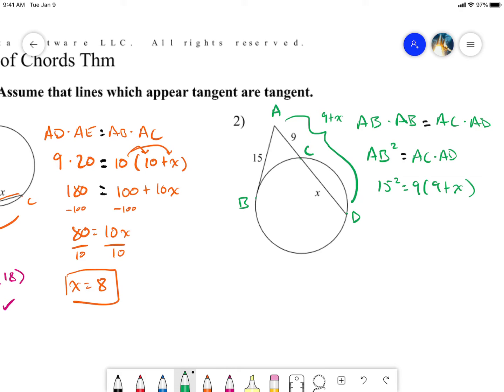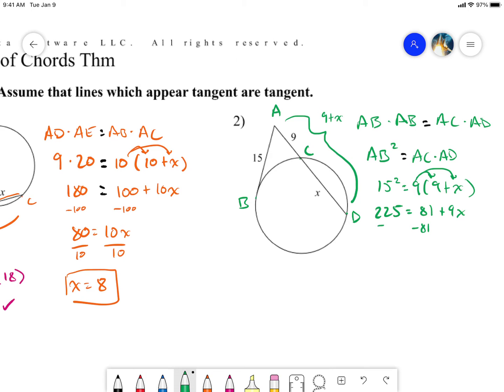What's 15 squared? 225. And remember to distribute, which is 81 plus 9x.